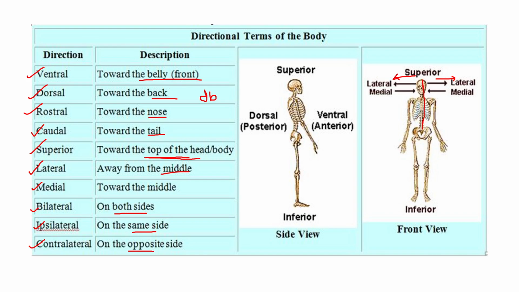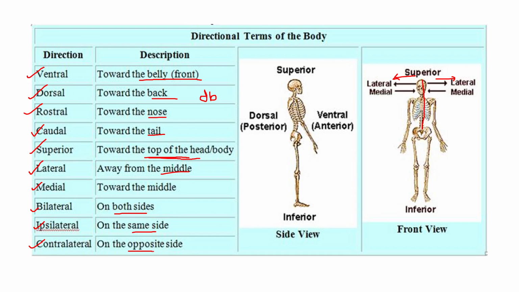First is ventral, in front of or towards the belly. Dorsal, to the back. Then rostral, toward the nose. Then caudal, toward the tail. Superior, top of the head. Then lateral, away from the middle. Medial, towards the middle. Bilateral, both sides. Ipsilateral, on the same side.